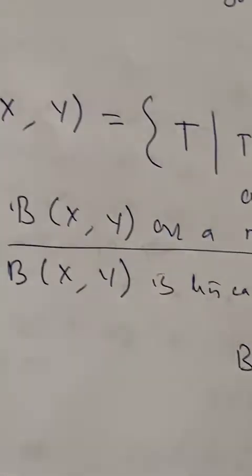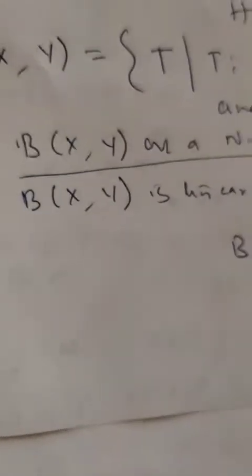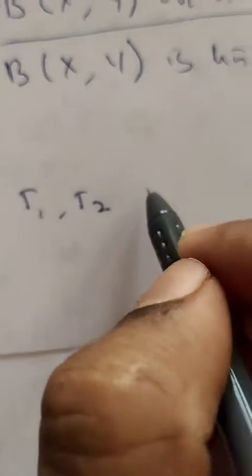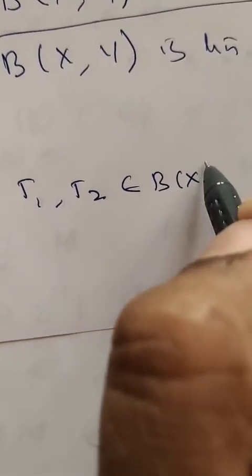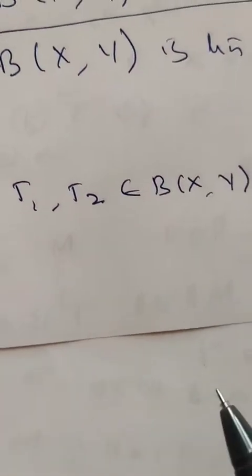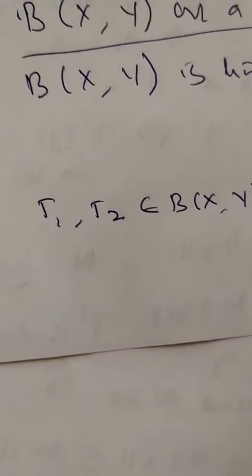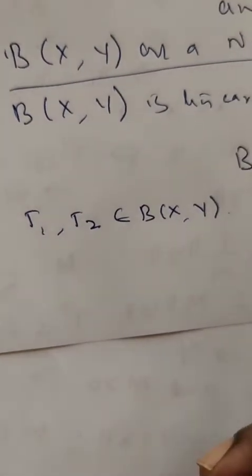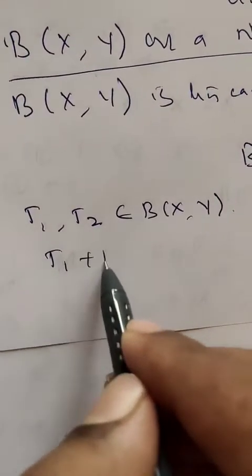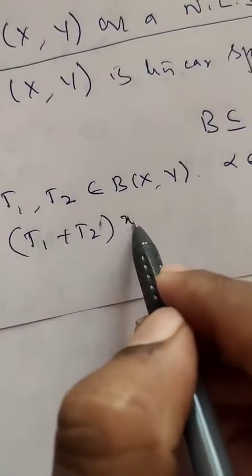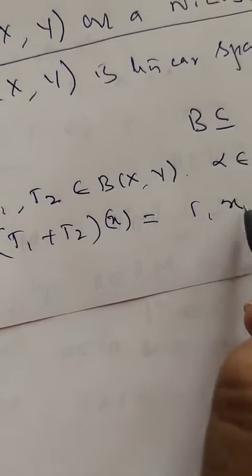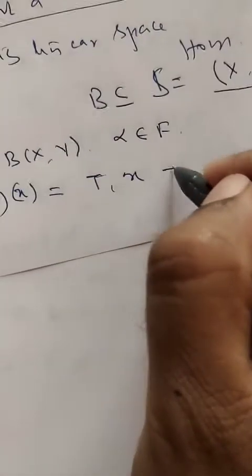Before that we need to define the operations, which you already know. What are the operations? If T1, T2 are any two elements of B(X,Y), and alpha is a scalar belonging to the field F, then (T1 plus T2) of x is T1 of x plus T2 of x, which is vector addition.